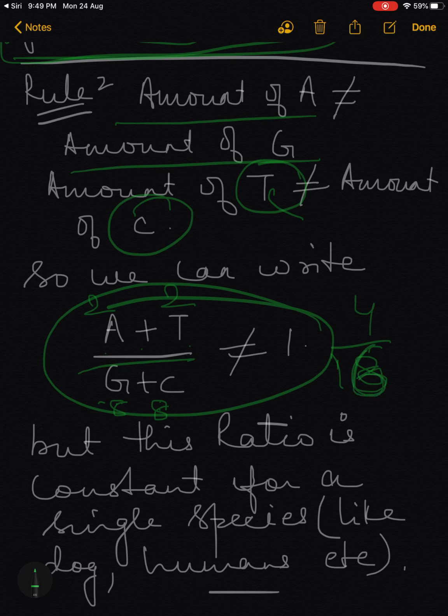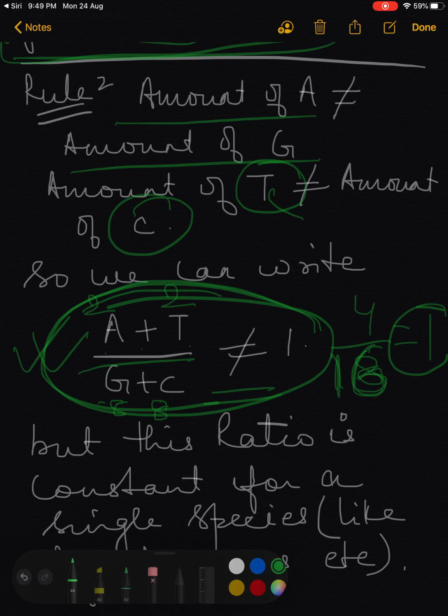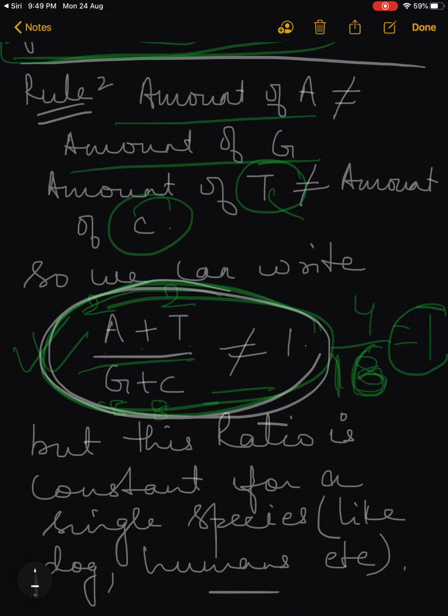So am I getting the answer 1? No. So this is also correct. So rule number 2 can be written in this manner. But children, this rule, I will just highlight it with another color, is applicable to a single species.